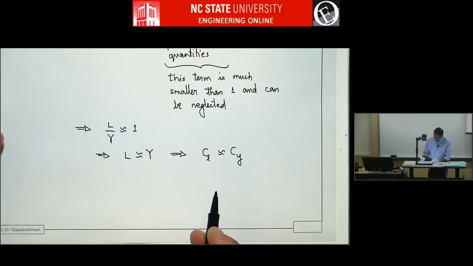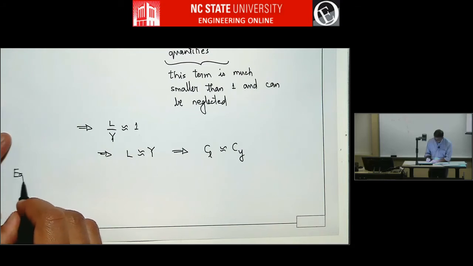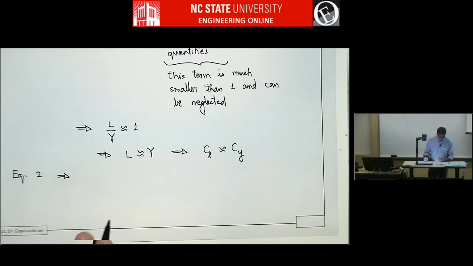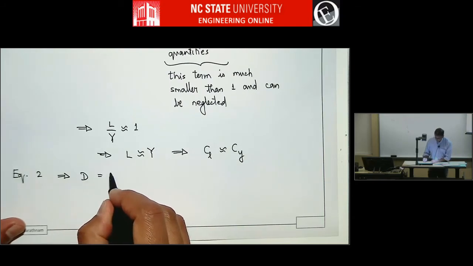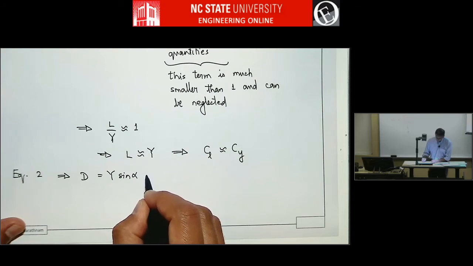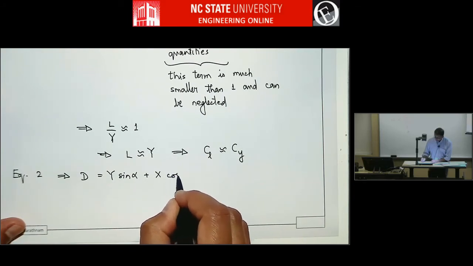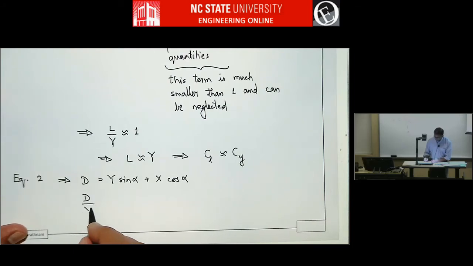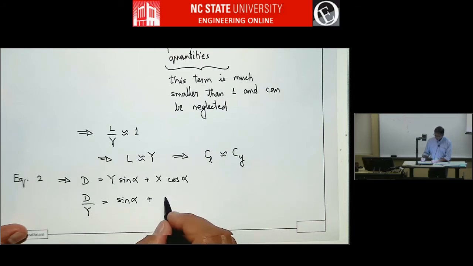Now let's talk about equation 2. Equation 2 is d equals y sine alpha plus x cosine alpha. So let's do d over y, which is sine alpha plus x over y cosine alpha.